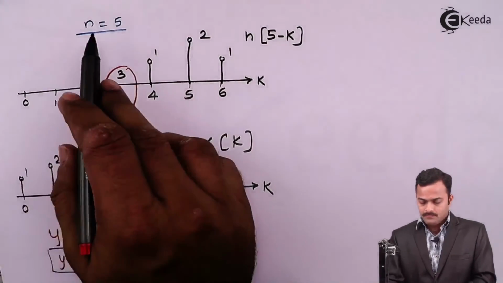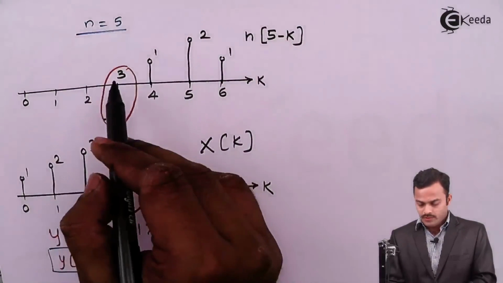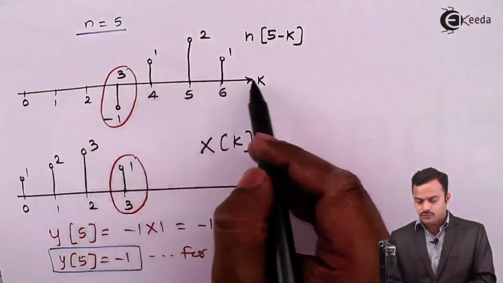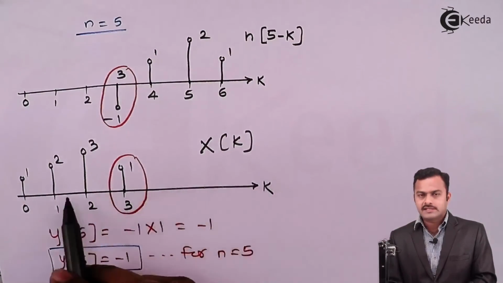Now what will happen beyond 5? Beyond 5, this will have the span from 4 to 7 where x of k does not exist.